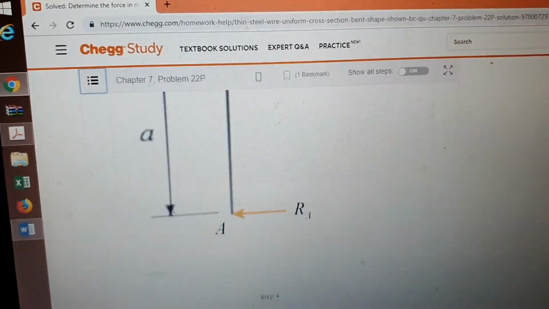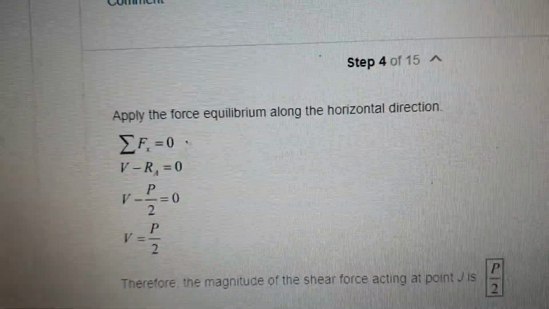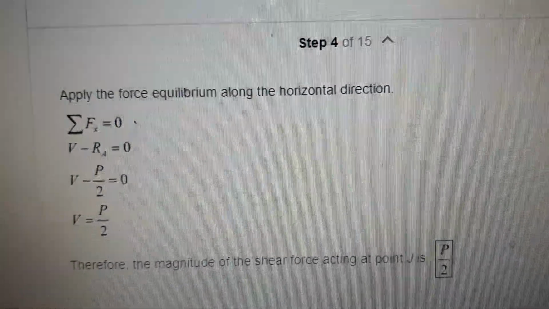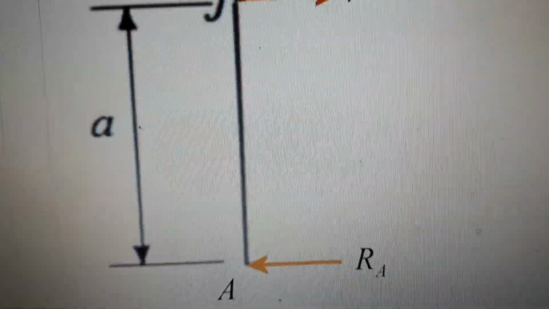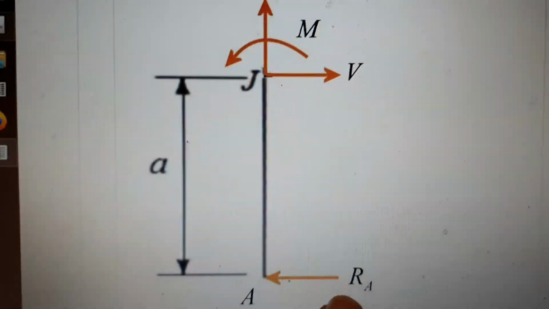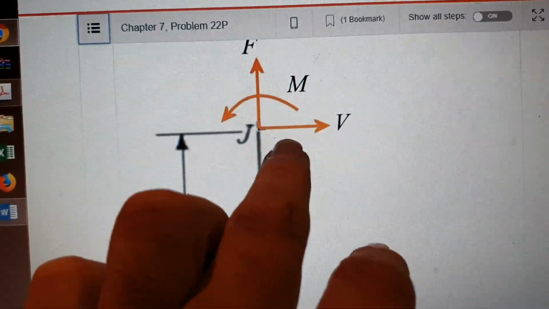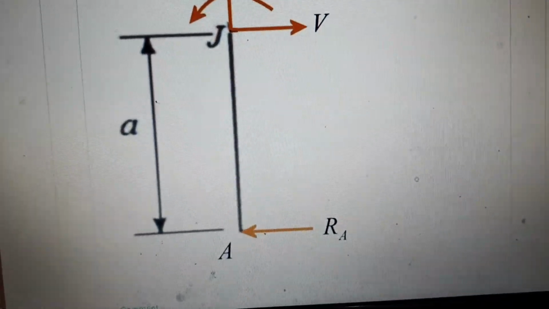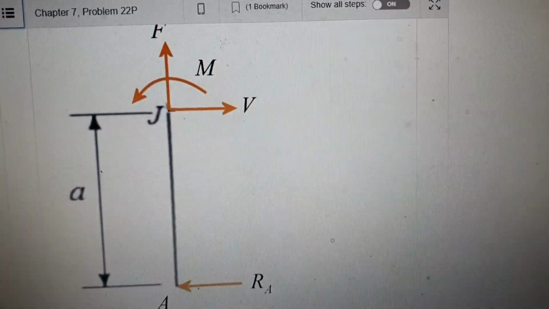Okay, so we apply the force equilibrium, summation of forces at X for that one. You can see that there is 1 force in the x-axis and the V is in the x-axis, so you have 2 forces. We know RA because we found it before. RA is equal to P over 2.